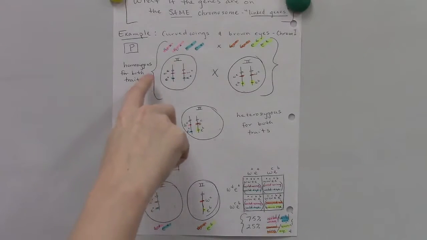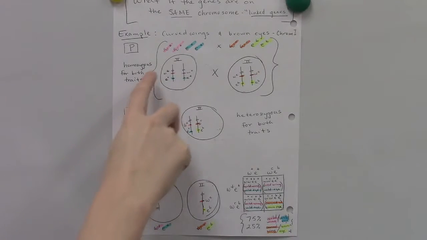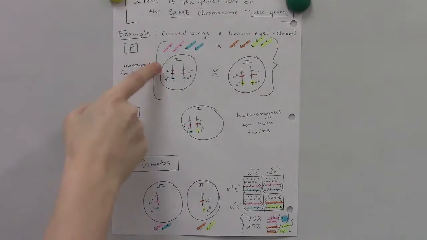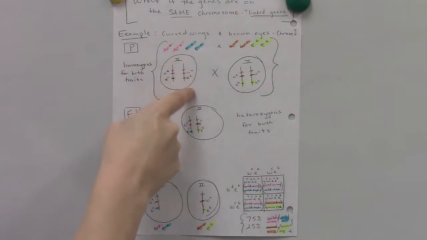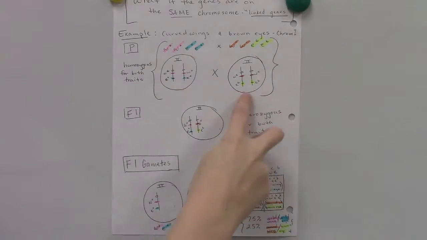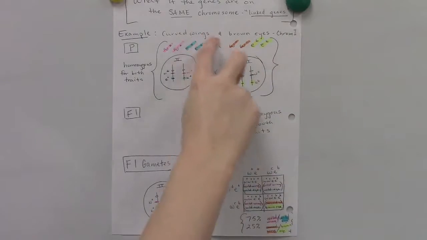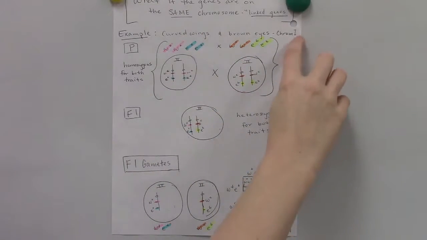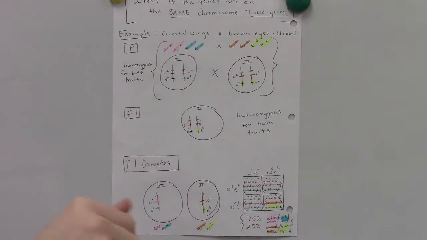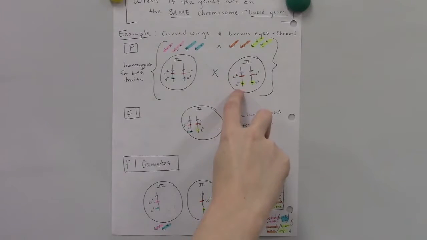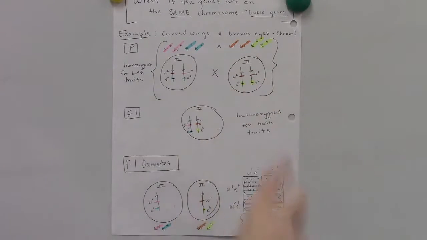So, in this case, we have a parent who is wild type for both wing shape and eye color. So they're homozygous for both, and both those traits are on chromosome 2. On the other hand, again, we have this brown-eyed curved wing fly right here, and, oh, I'm sorry, that should be chromosome 2, not 1. Anyway, so yes, these are their chromosomes right there.